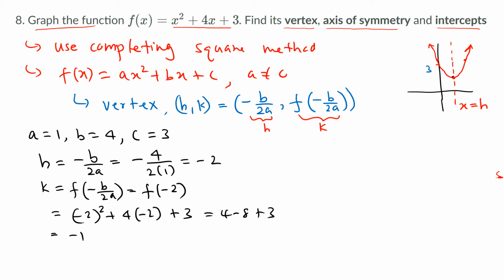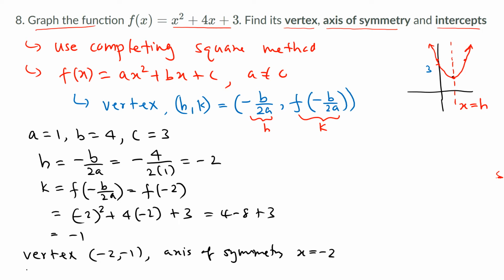So we have everything we need now. The vertex is at negative 2, negative 1, and the axis of symmetry is x equal the h value, which is negative 2.